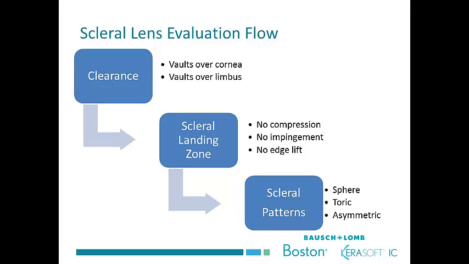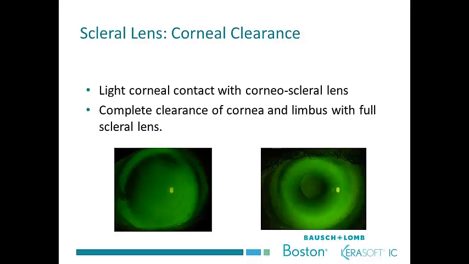You then want to evaluate how the lens bears on the sclera or the conjunctiva, so in the scleral landing zone. You're evaluating for compression, impingement, and edge lift. And lastly, you're looking for any scleral patterns. If the lens is a rotationally symmetric lens and has no significant pattern, you probably have a spherical surface. You may have a toric surface or an asymmetric surface that might require a quad-specific design.